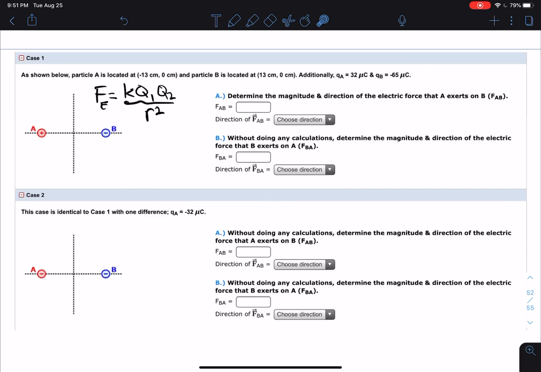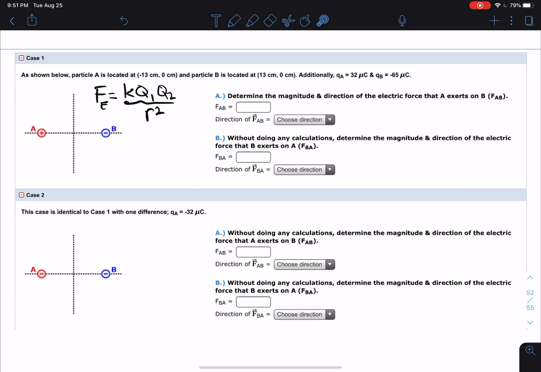Now, case 2 is identical to case 1, except we've changed the polarity of one of the charges. So you can see that A has gone from positive to negative. The magnitude is still the same.